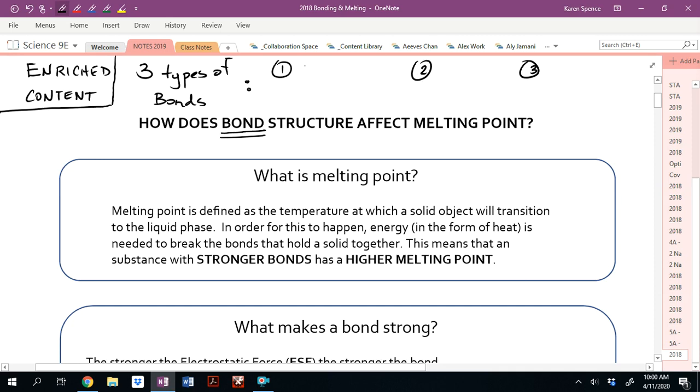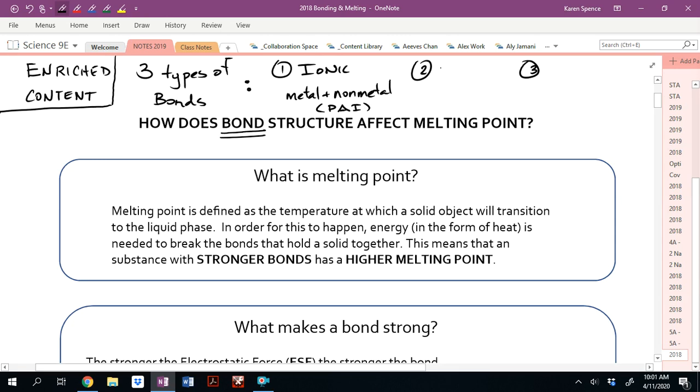If you could not remember, one of the types of bonding is ionic, and that is when we have a metal plus a non-metal, or possibly some polyatomic ions as well. But it's definitely between a cation and an anion.